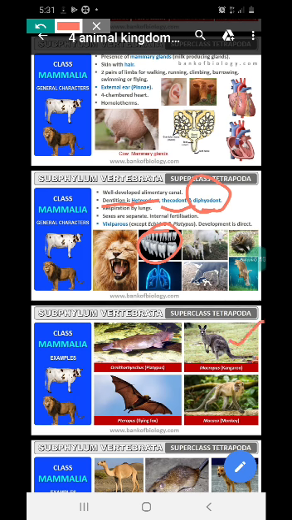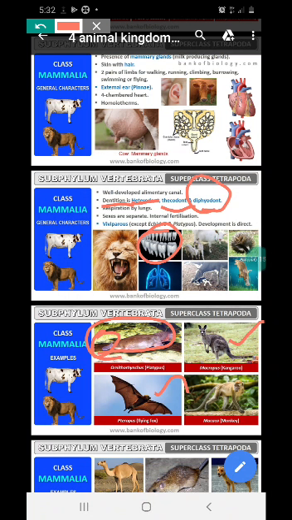Now these are the different examples of the mammals. Kangaroos, which are marsupials. Bat, which is adapted to flying. Dolphins and whales are also mammals which are adapted to live in water, aquatic adaptation. Now this is the duck-billed platypus, B-I-L-L-E-D, which is egg-laying.